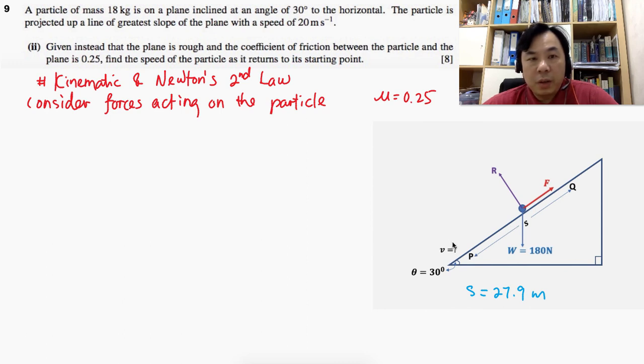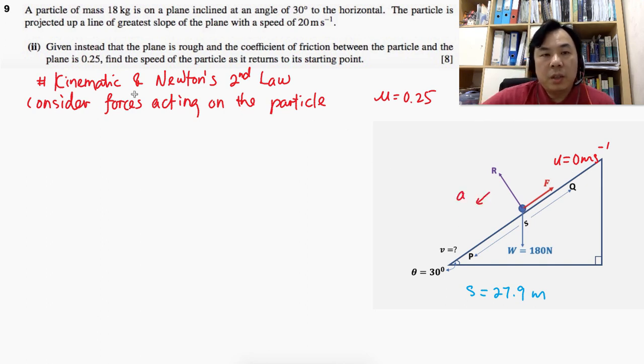We want to find out what the speed is here, knowing that initially it was 0. Again, we can apply the SUVAT equation. The only thing we have to figure out is the acceleration downward.